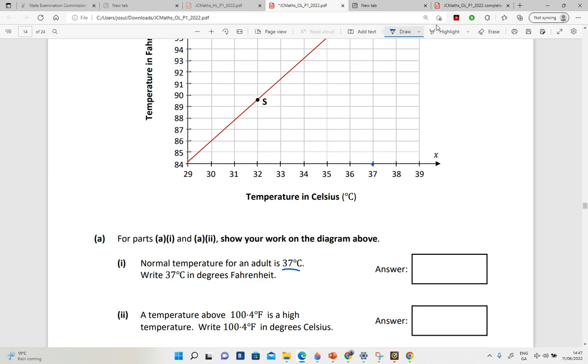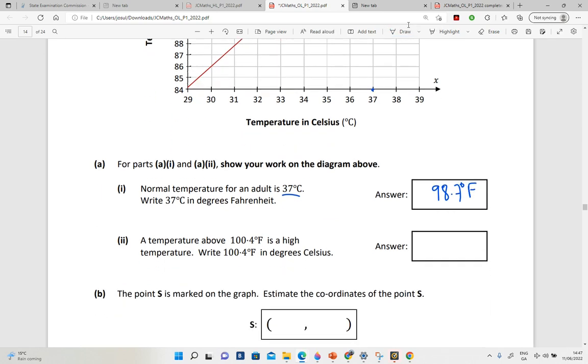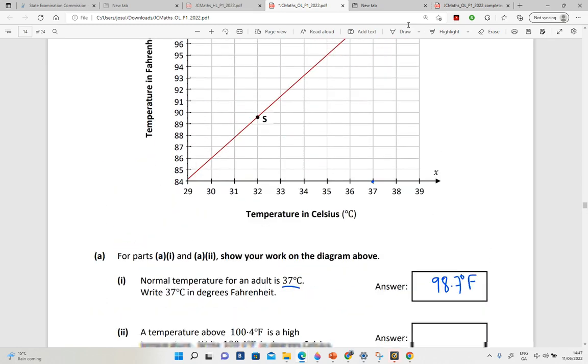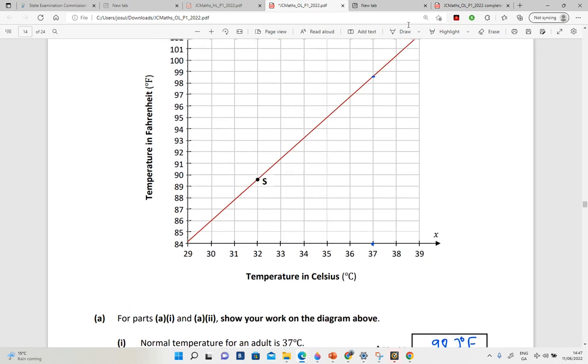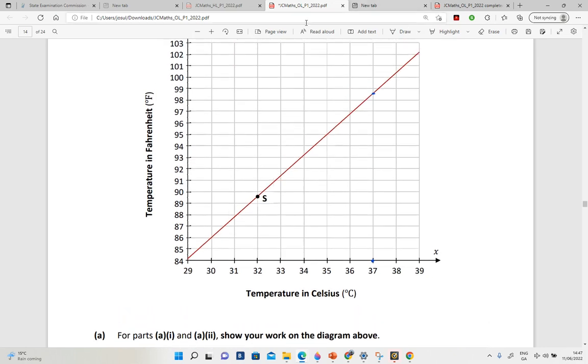Okay, so 98.7 degrees Fahrenheit. Now, a temperature above 100.4 Fahrenheit is a high temperature. Write this in degrees Celsius. So now they're asking you to translate from 100.4, so that's 100.5, so slightly underneath that would be 100.4.